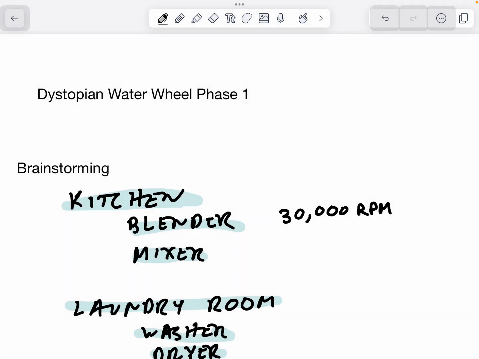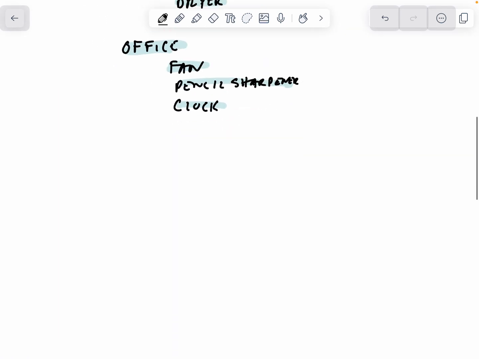All right, once you have your RPM, you're going to go on to the next phase, which is calculating gear ratios. We said that our blender has an RPM of 30,000. What else do we know?